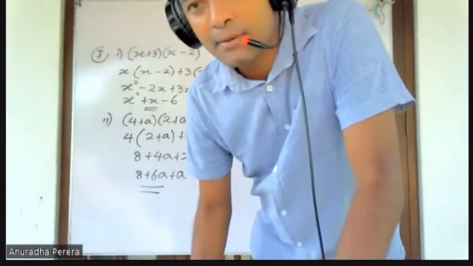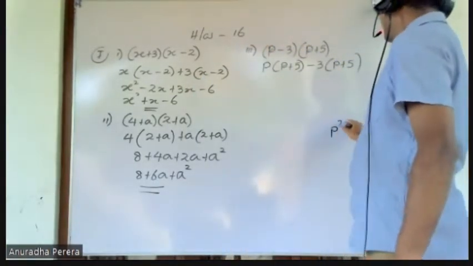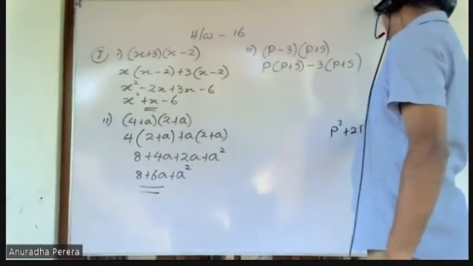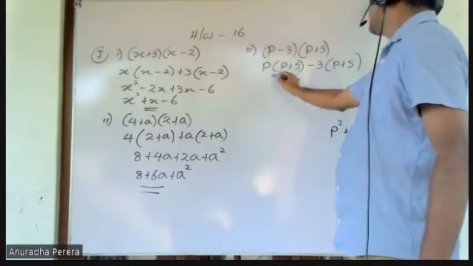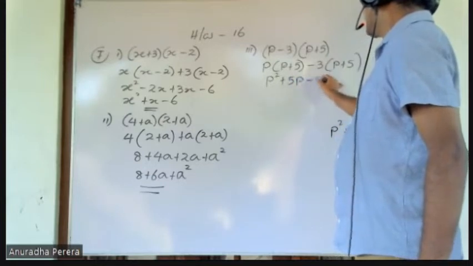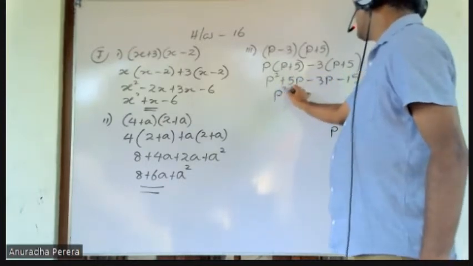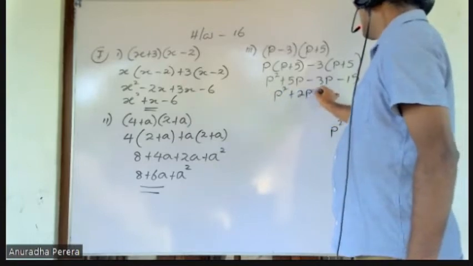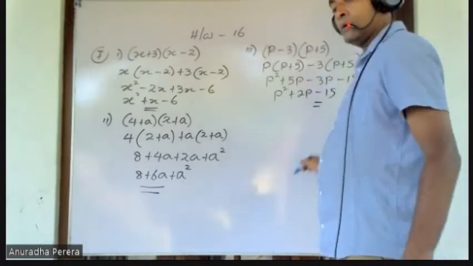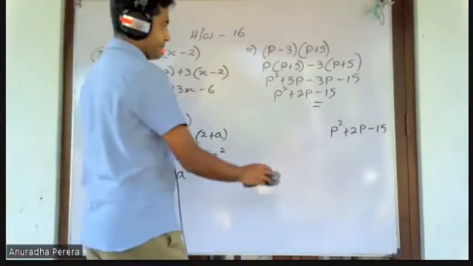Yes, Lakma, what is the answer? P squared plus 2p minus 15. Right. P squared plus 5p minus 3p minus 15. P squared plus 2p minus 15. Yes, very good.